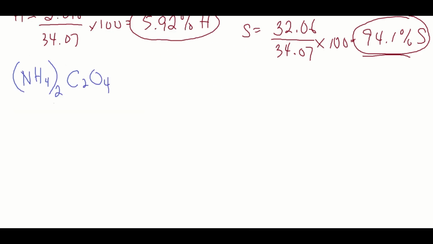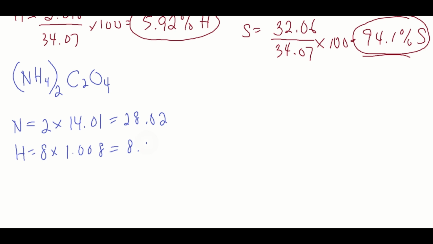All right, so that 2 outside the parentheses distributes to both elements in the parentheses. So the nitrogen component, there's 2 nitrogens, and nitrogen has a mass of 14.01. So that'll give us 28.02. There's 8 hydrogens. Hydrogen has a mass of 1.008.